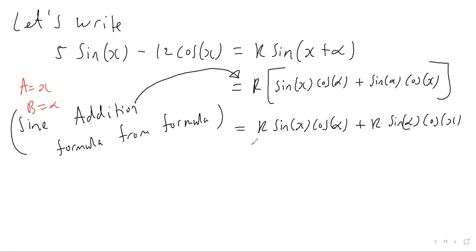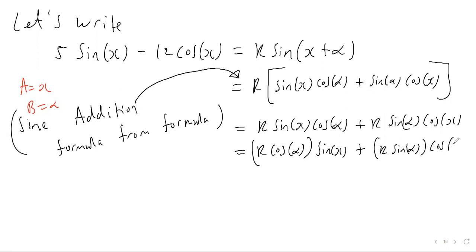And now what I'm going to do, very similar to the video yesterday, if you saw that one, is write it like this instead. So r cos alpha times sine x plus r sine alpha times cos x. So why am I doing this? Because similar to what we did yesterday when we were proving why we can do this in the first place, this is the r sine x plus alpha transformation.